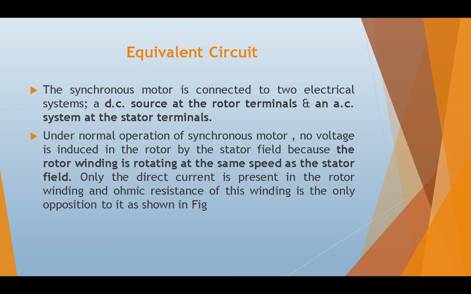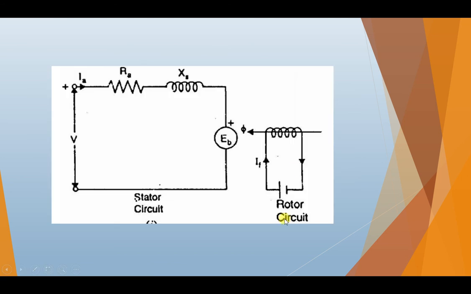So in this condition we have only the ohmic resistance, and it is shown in the figure. This is the rotor circuit in which there is the current IF, this is the DC supply, and that is the winding of the rotor.